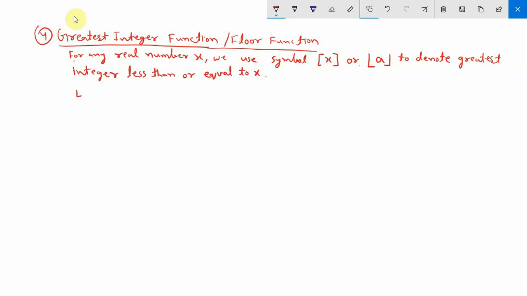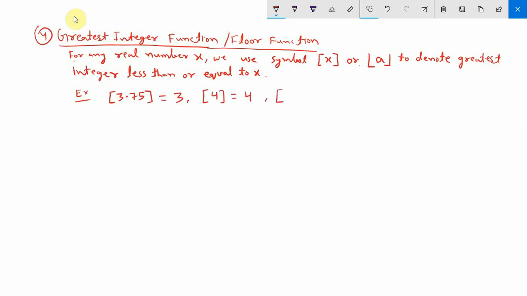So for example, if we consider 3.75, what is the greatest integer less than or equal to 3.75? Clearly, it will be 3 only. 3 is the greatest integer, and if we have 4, as it is an integer, its value will be 4 only.